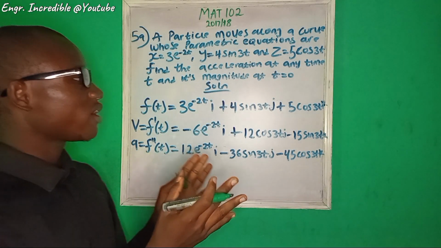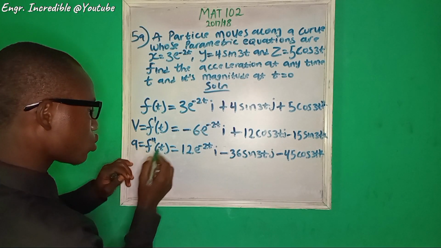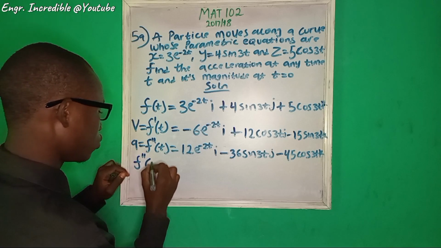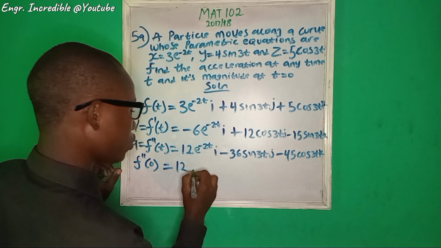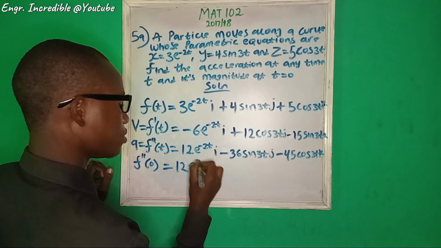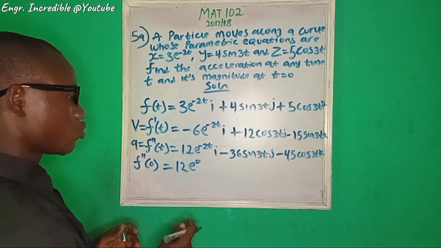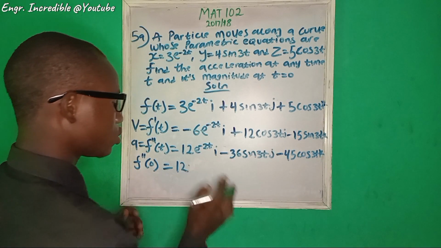So now they ask us to find the magnitude at t equals 0. So if t is equal to 0, then instead of t, it will be 0. So we have 12 times e raised to the power minus 2 times 0, which will still be 0. No, it's not this way.